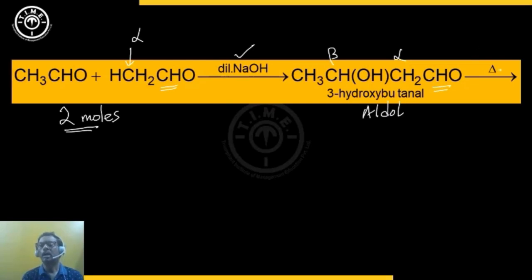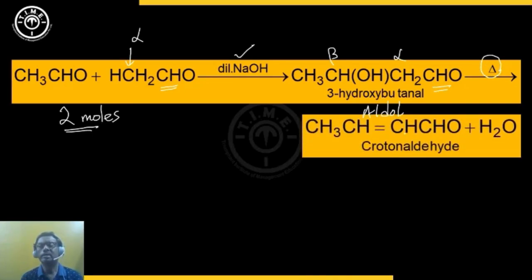But this aldol, upon heating, is going to lose H2O to form alpha beta unsaturated aldehyde. So this is the alpha carbon and this is the beta carbon. Between the alpha and beta, we have a double bond, right? What has happened in this? There is a loss of hydrogen from alpha carbon and loss of OH from the beta carbon. So minus H from alpha, minus OH from beta.